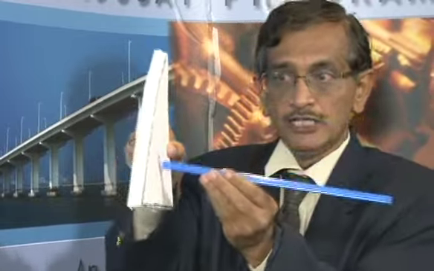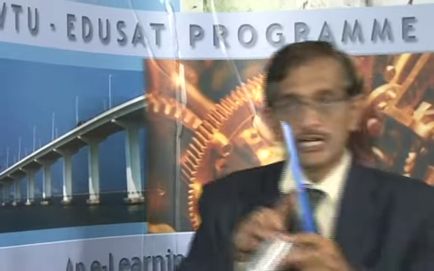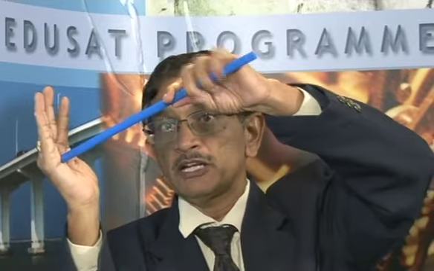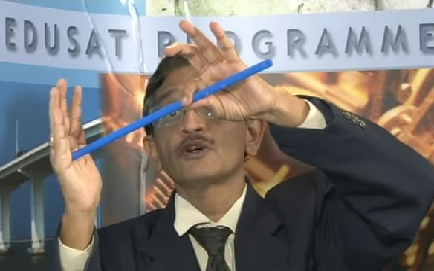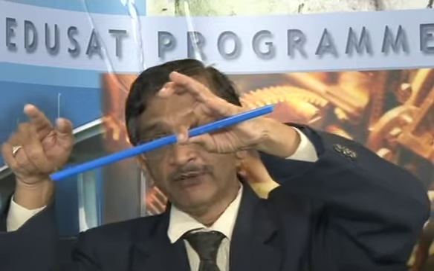Suppose if it is vertical, it becomes horizontal. If it is horizontal, it becomes vertical. If it is inclined like this, it will be perpendicular to this. Similarly, for the curved surface, which I am showing maybe by a tumbler here, it will always be perpendicular to that, or my hand, you can see here, it will be perpendicular to this. So that value is your F, which is nothing but the vertical component and the horizontal component combined.